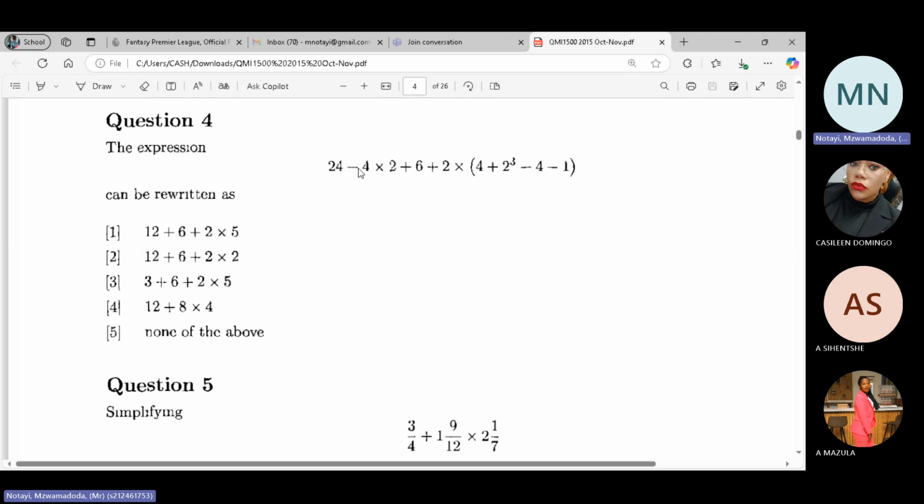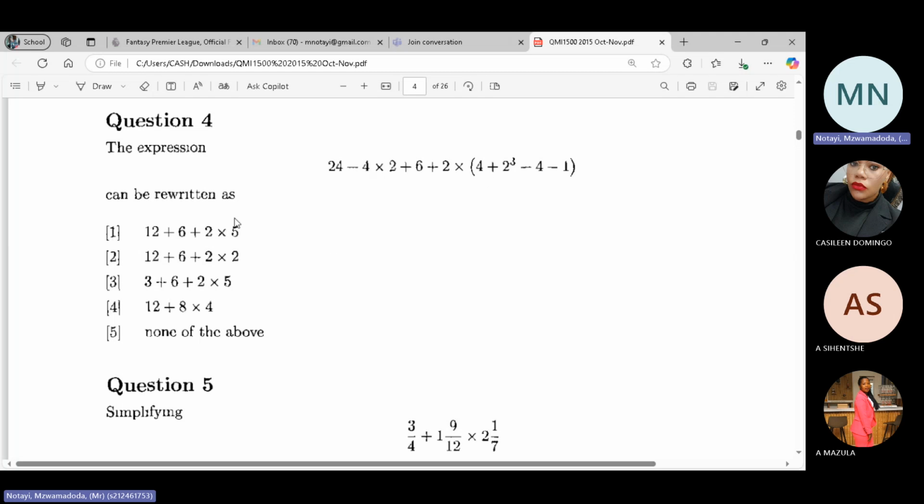We leave the first minus sign, then we deal with the multiplication. 4 times 2 is 8. And now we get 24 minus 8 plus 6 plus 2 times 7.